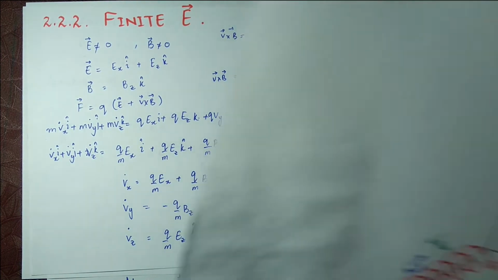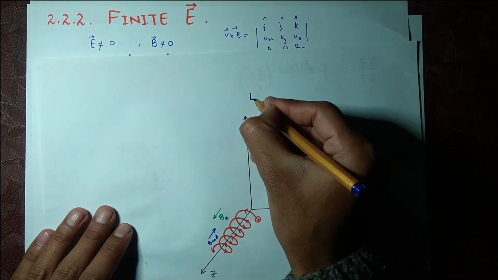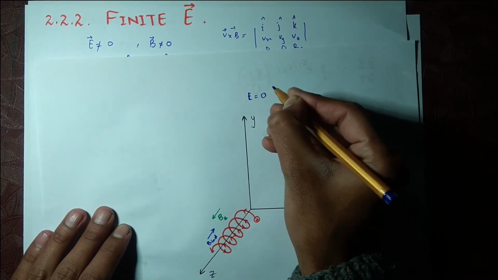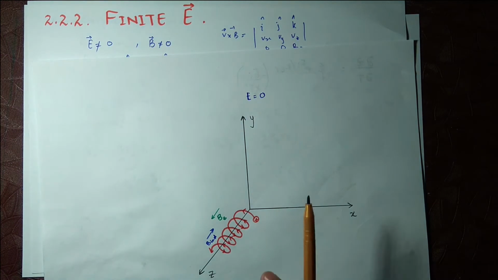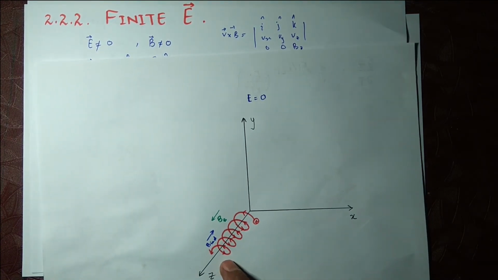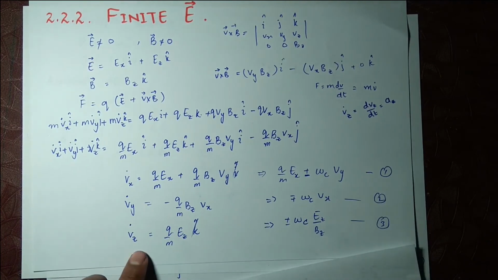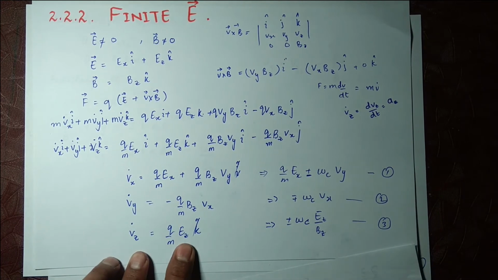So when E was equal to 0, there was no acceleration along the z-axis, and vz dot was equal to 0.